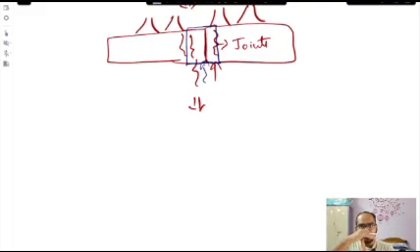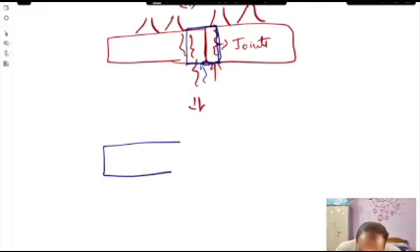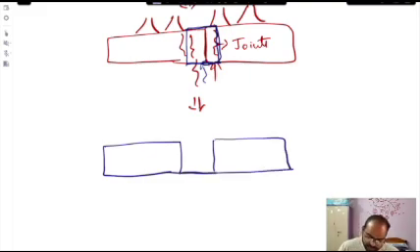The region that is getting constantly hit, this blue colored part, develops cracks, becomes weak and subsides down. Okay, and this is how it looks. This is the subsided part.